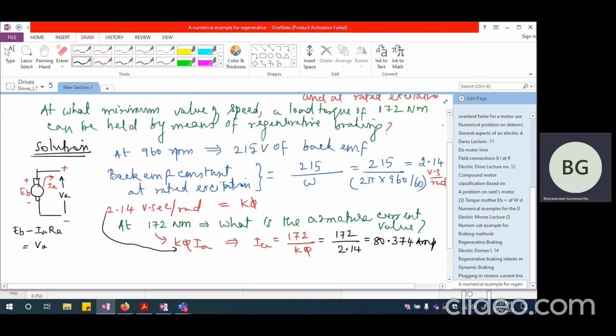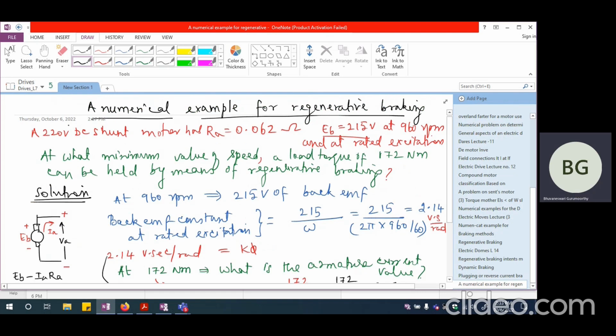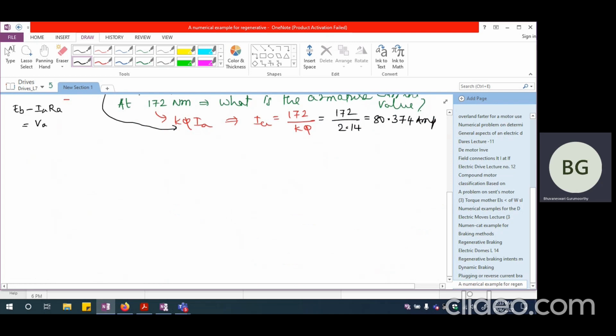And VA is given here as 220 volts. 220 volts is the armature voltage, and armature resistance is given as 0.062. So I should be able to calculate EB equal to VA plus IARA.